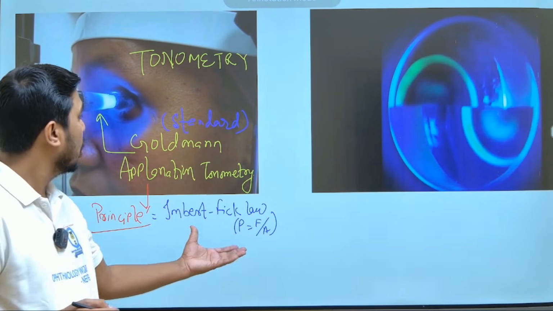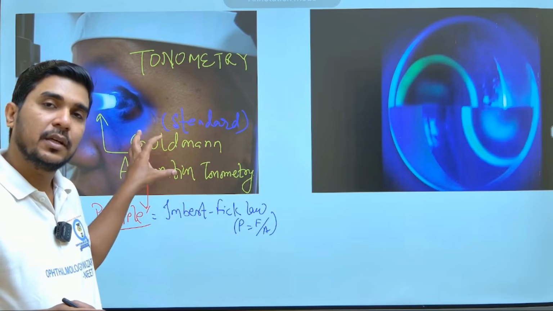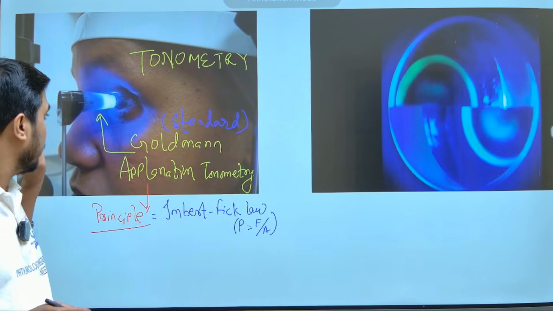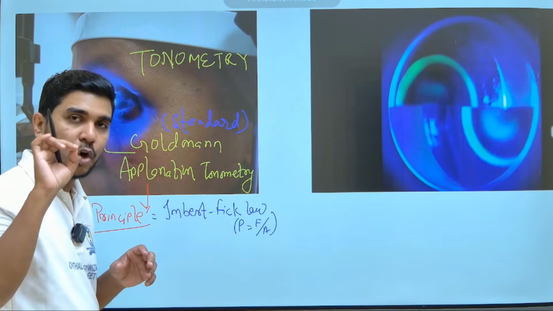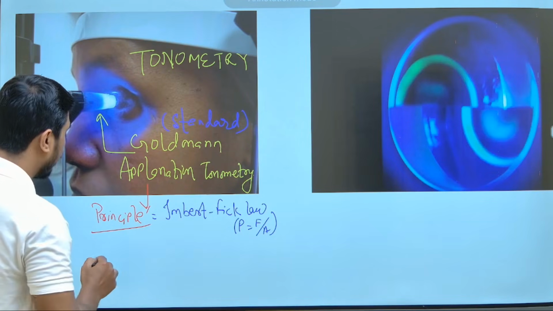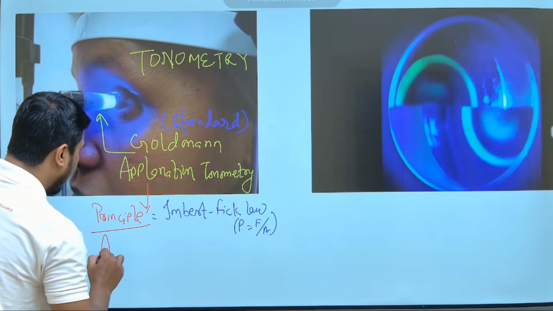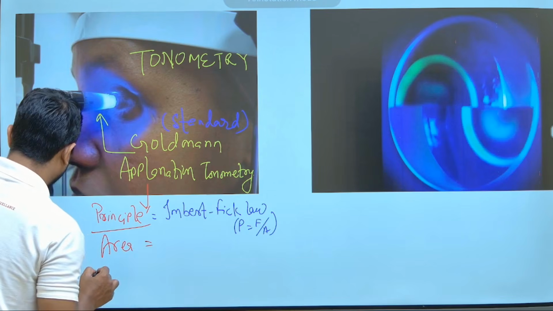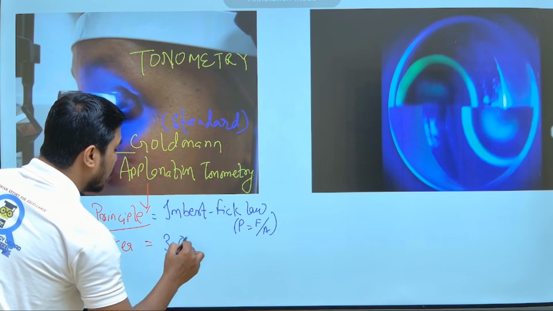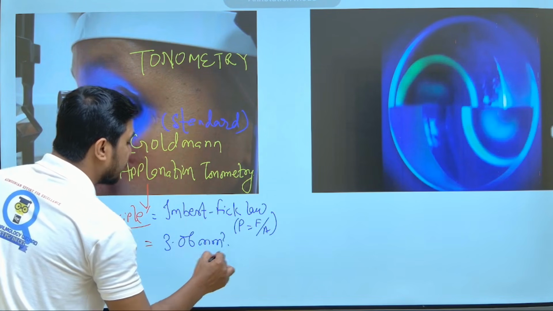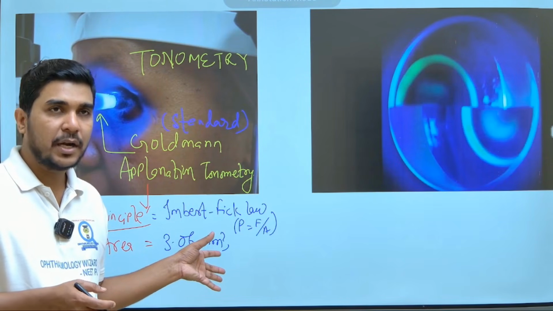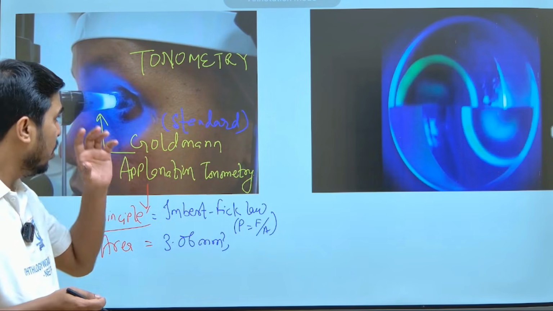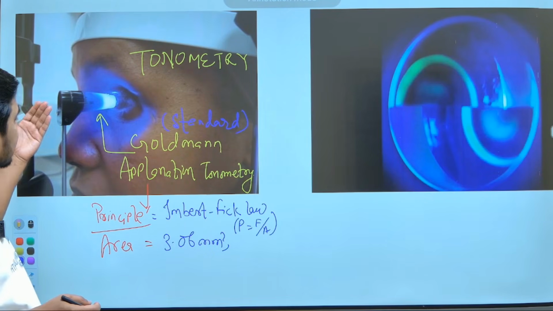This is the Imbert-Fick law on which applanation tonometry is based. So what is the area of the cornea that is applanated? The area that is applanated is 3.06 millimeters. So this much area is applanated. Understood?